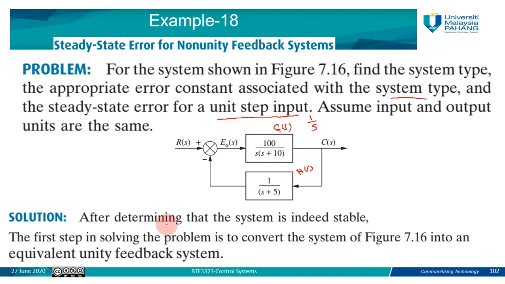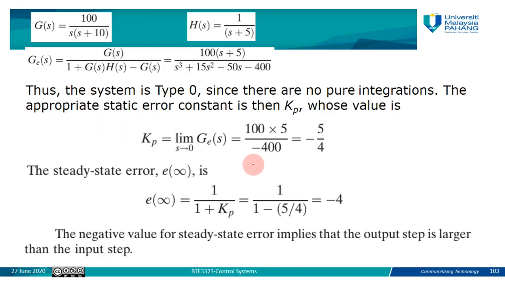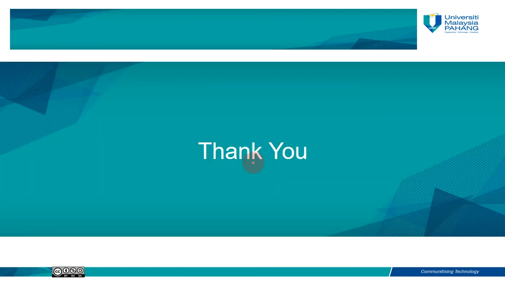So after we confirm the system is stable, the first step for solving this problem is to convert the non-unity feedback into a unity feedback. Okay, so this will be the first step here, by converting our system from non-unity feedback into a unity feedback.